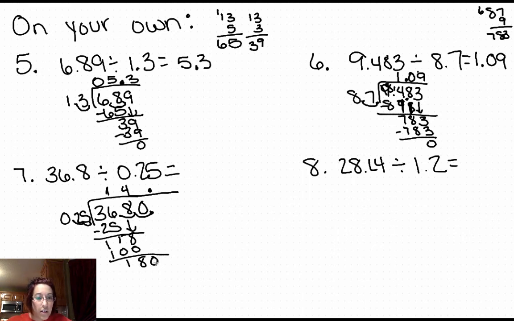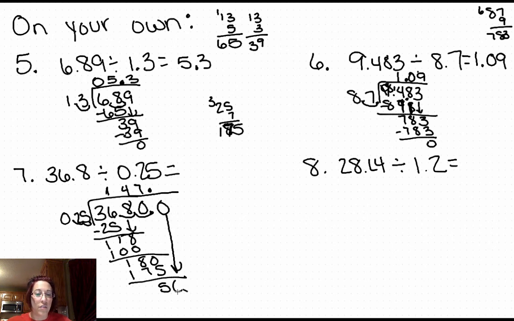Let's see. 7. 14. That's 175. Check my math there. We need to annex a 0 so we can continue dividing. 25 will go into 50 twice. And we get 147 and 2/10.